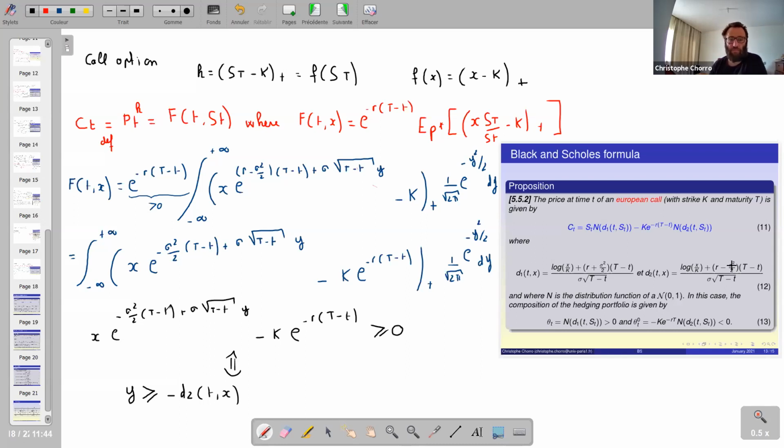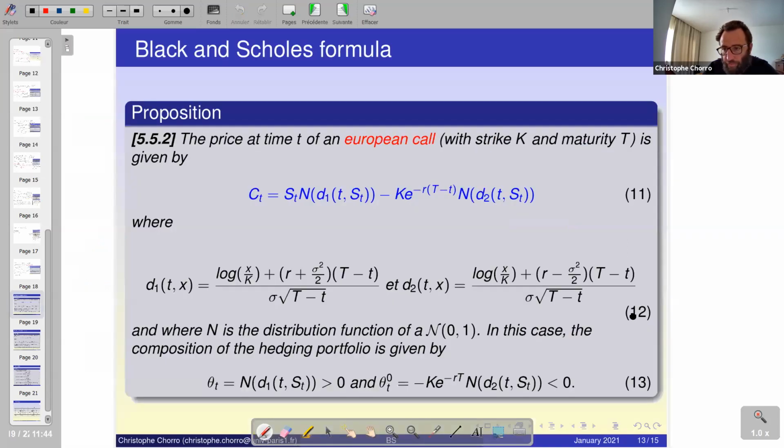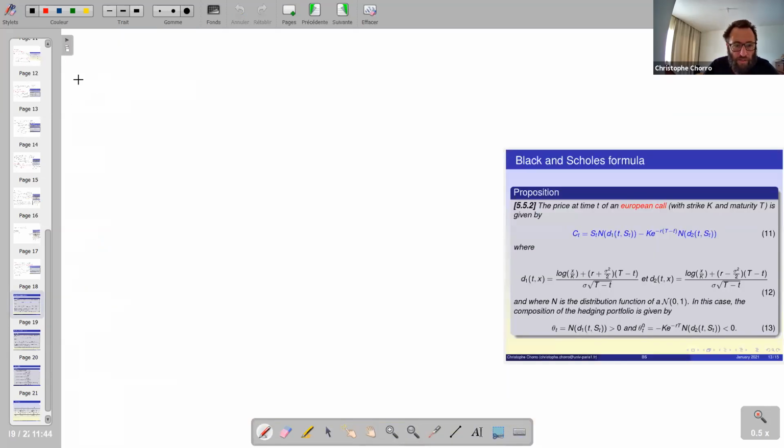So it means that if I continue my computation, I can express f(t,x) as the integral, when I am not 0, when I am greater than minus d2, for y of the same thing.